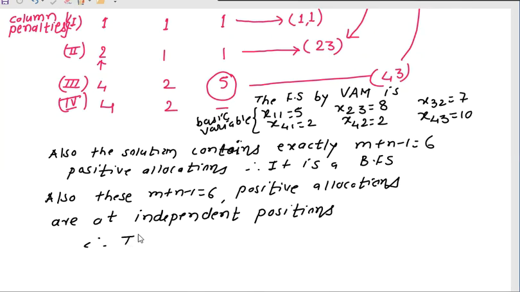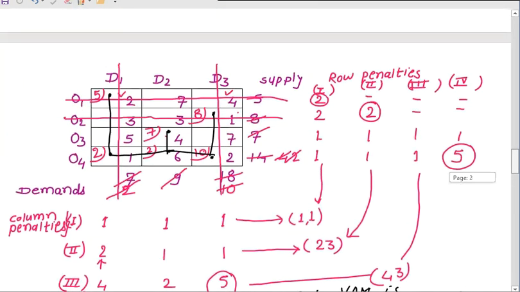Therefore, this basic feasible solution is a non-degenerate basic feasible solution. So this is how we find the solution by VAM.